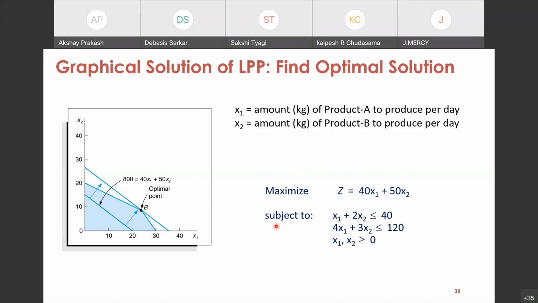And you know that each parallel line will basically represent the same equation with different values of z. So I move this line so that I can go on increasing the value of z, but still remain within the feasible region. So that will help us to identify the optimal point.